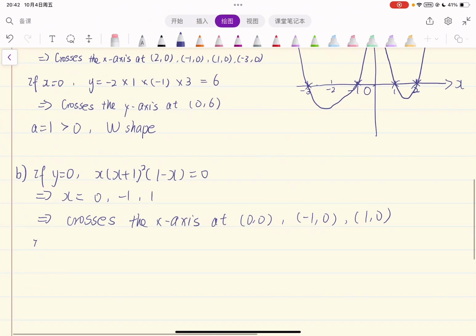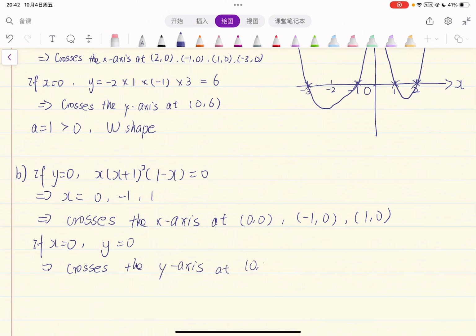Now if x equals 0, then y equals 0, so the curve crosses the y-axis at (0, 0).